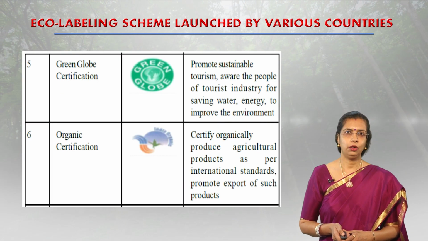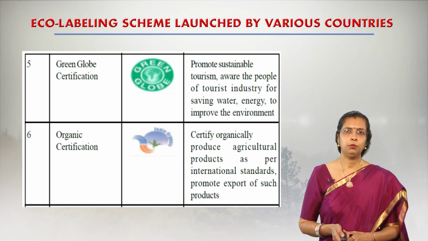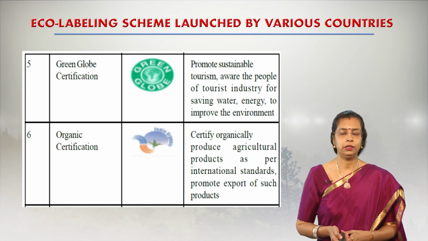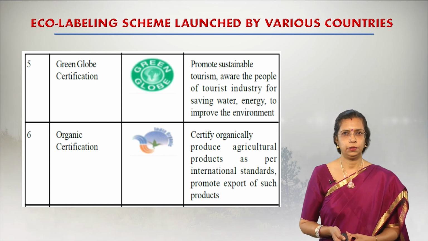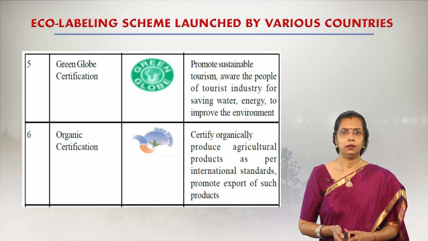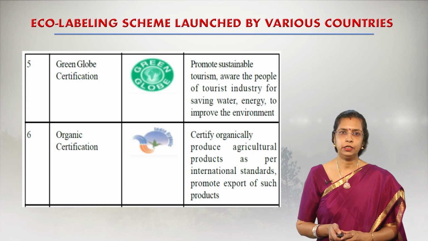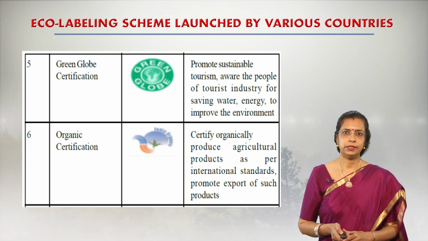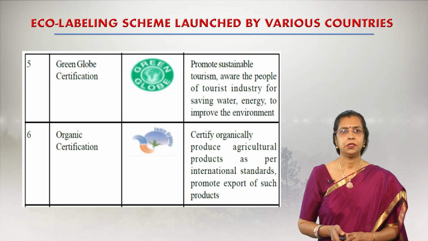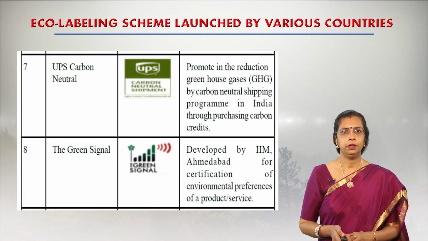Then there is the Green Globe certification. This promotes sustainable tourism, making people in the tourist industry aware of saving water and energy to improve the environment. Then there is organic certification, which certifies organically safe produce, specifically agricultural products as per international standards, and also promotes the export of such products. Then you have UPS Carbon Neutral.